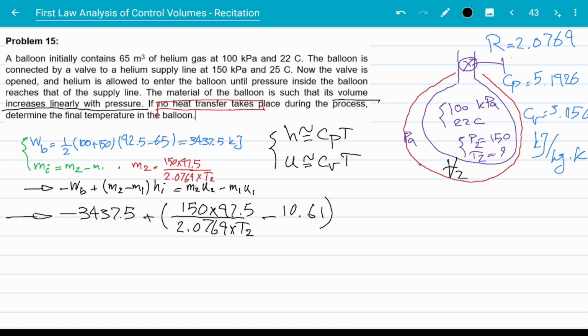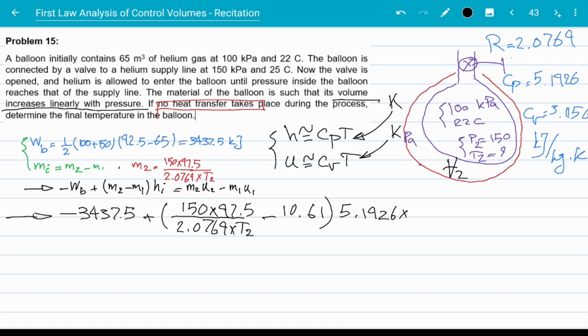So with that in mind, h_i is Cp of helium, 5.1926, times the temperature of the supply line in Kelvin. Remember, when using these equations, temperature has to be in Kelvin.